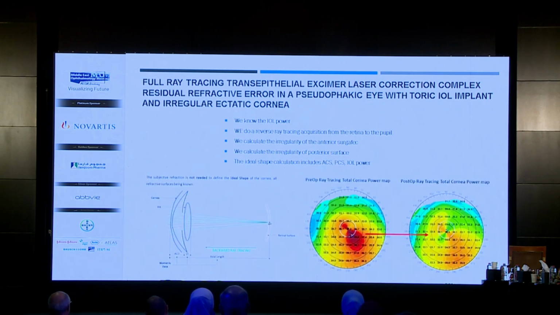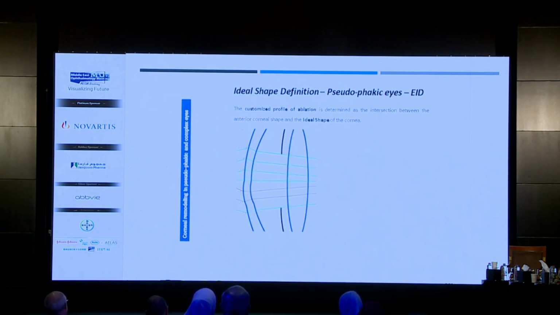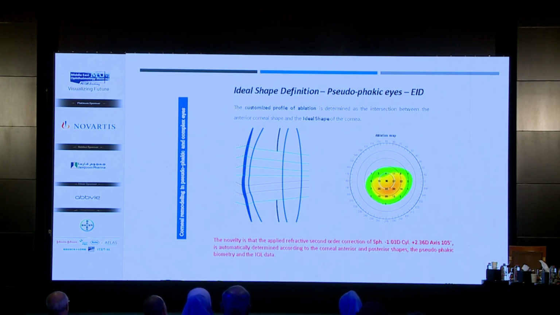You can see that we don't remove in full the cylinder, but we leave a small amount of cylinder to compensate the power of the IOL. This is the customized profile of ablation, and you can see that the novelty is that the applied refractive second order correction is automatically derived and measured according to the corneal anterior and posterior shape, the pseudophakic biometry, and the IOL data.